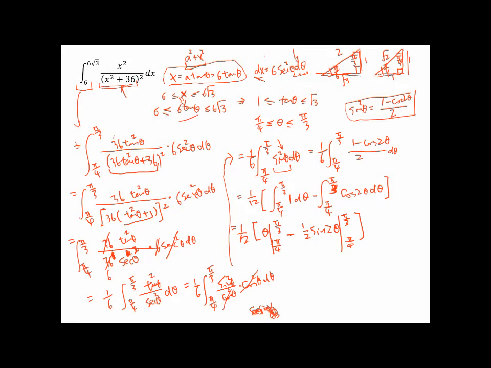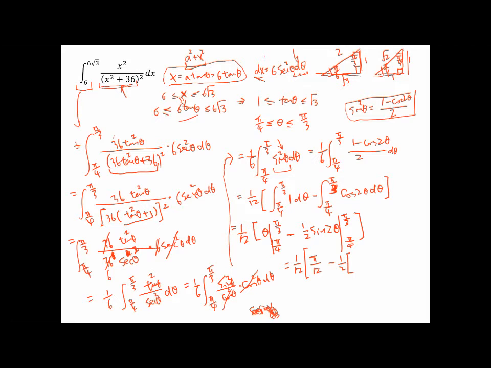Okay, so what I need to do is simply plug in the angles to find the answer. So 1 over 12, here, pi over 3 minus pi over 4, right? If I plug these two into theta, I simply get pi over 12, minus 1/2 sine 2 theta.